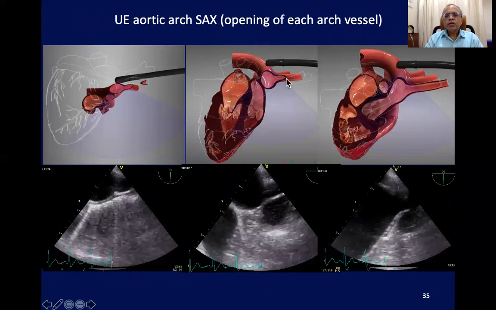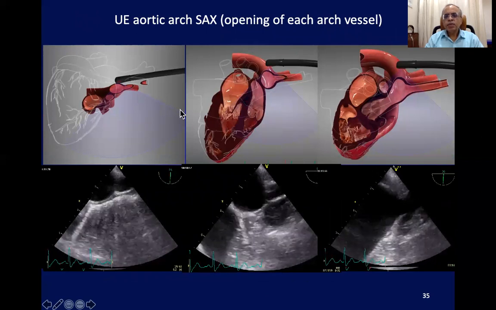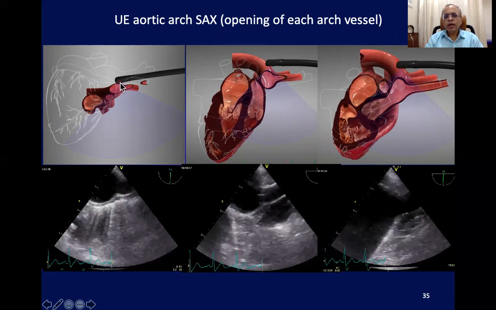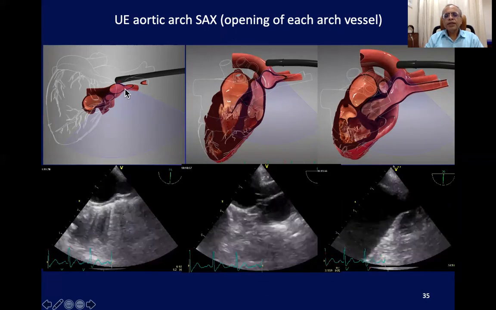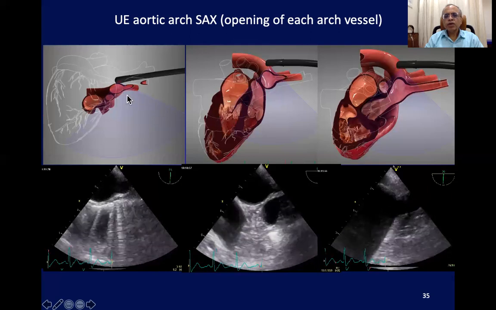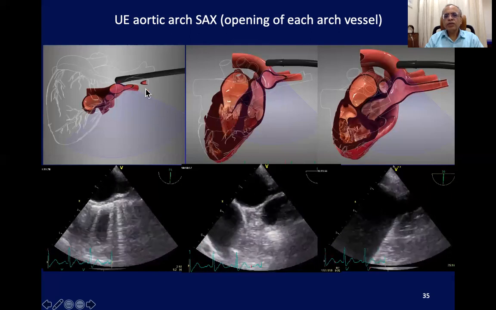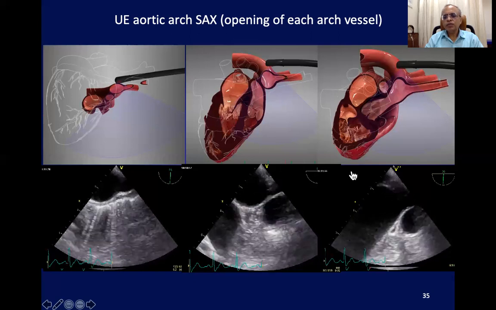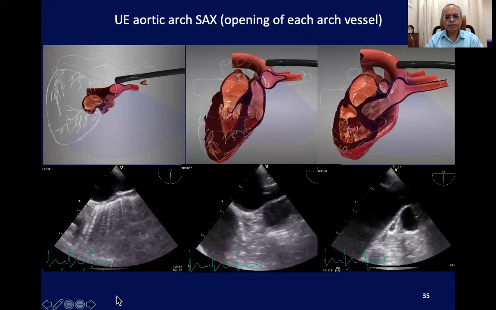Now, this particular orientation is very easy to understand when you are working on a mannequin. So you can look at this 90-degree cross-sectional view of the arch of aorta at the origin of the left subclavian artery, at the origin of common carotid, and at the origin of the brachiocephalic vessel.